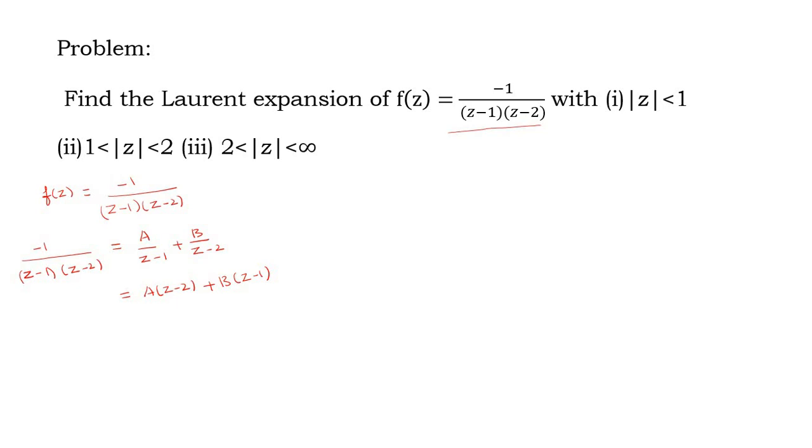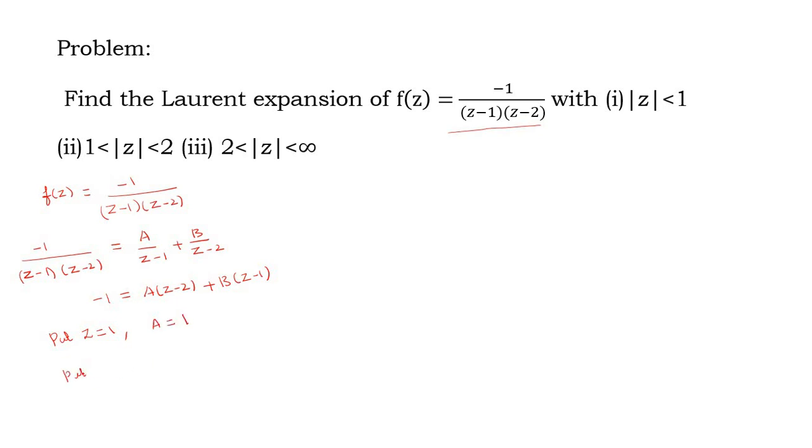So LHS equal to minus 1. So minus 1 equal to... we want to find the value of A and B. Put z equal to 1, we get A equal to 1.